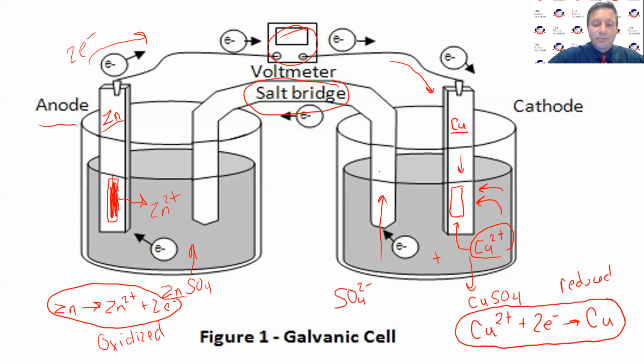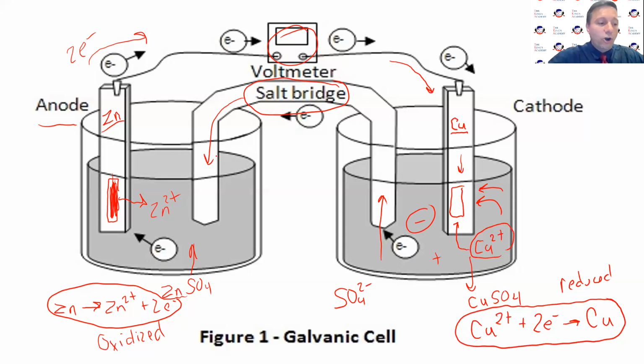Let me correct myself on that. This side is becoming more negative because the copper is being reduced and the charge is being reduced. So in order to not have a buildup of negative charges on this side, this SO4 2 minus is going to leave and go across this bridge and enter the solution on that side.